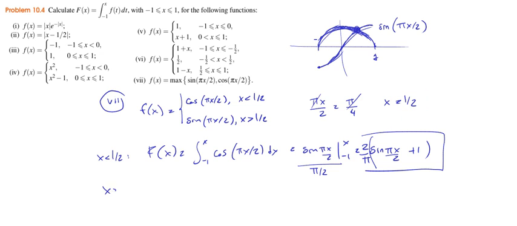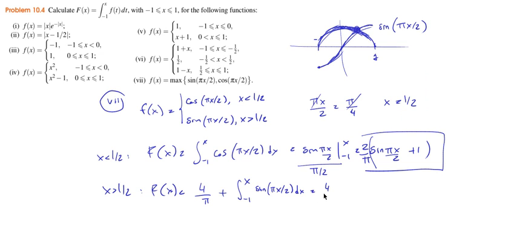Now if x is greater than 1/2, then we have f of x is this integral evaluated at 1/2, plus the integral between minus 1 and x of the sine of pi x over 2, right?